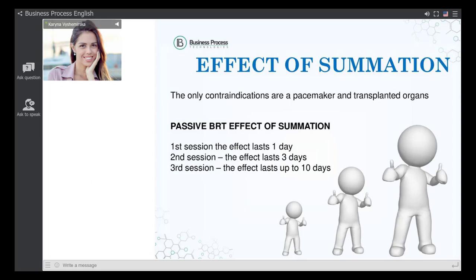After the third session, the effect will last up to 10 days. So it's better to do enough sessions in order to prolong the result and receive this effect of summation. For different conditions, there are different suggestions about the number of sessions you do with this device.